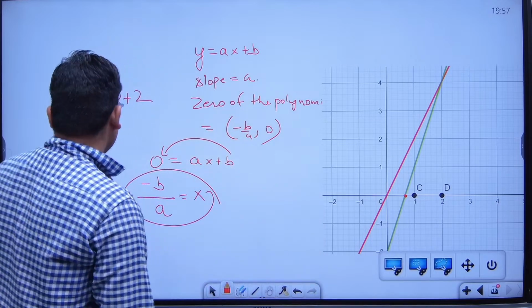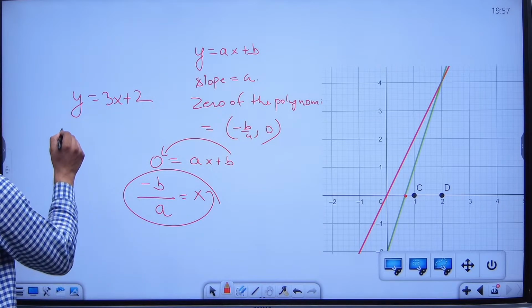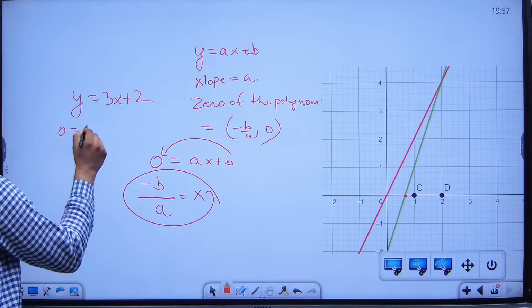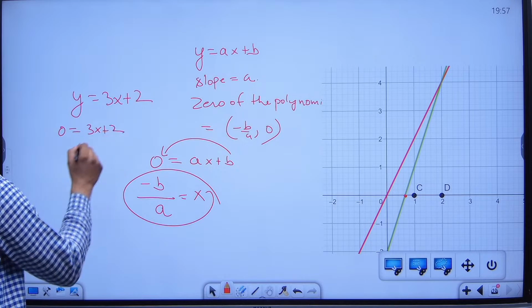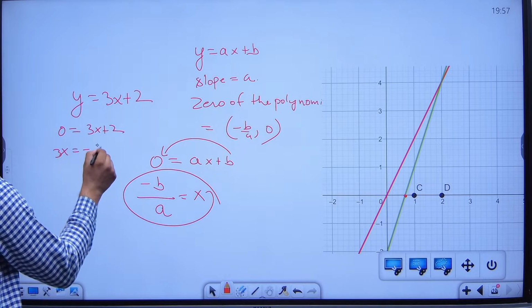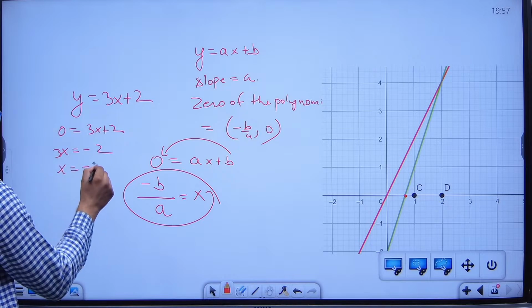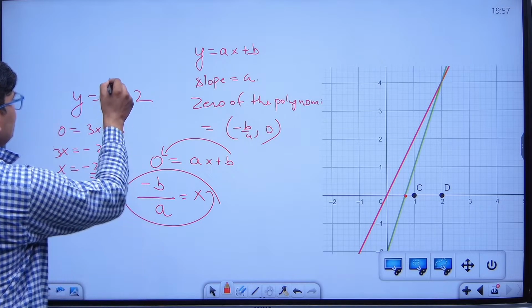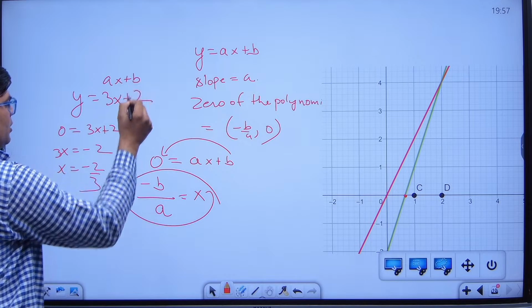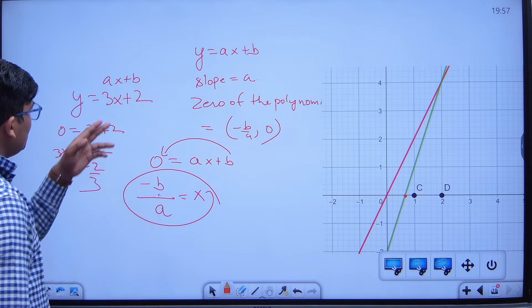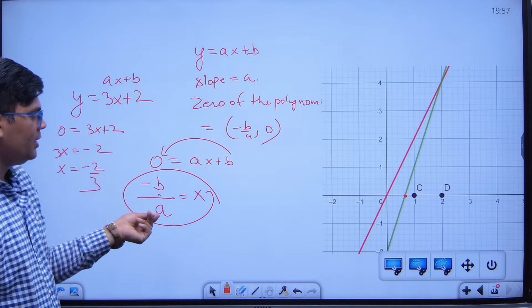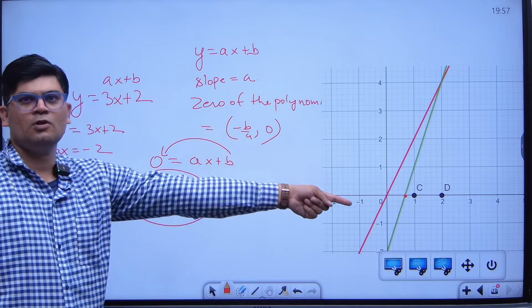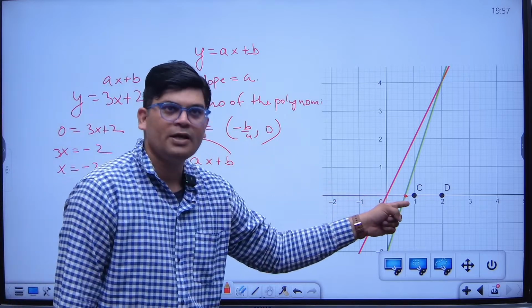But if I put y is equal to 0, then 3x plus 2 is 0, so 3x will be equal to minus 2. So x is going to be minus 2 by 3. If you compare this with ax plus b, the zero of the graph is minus 2 upon 3. This point is minus 2 upon 3.